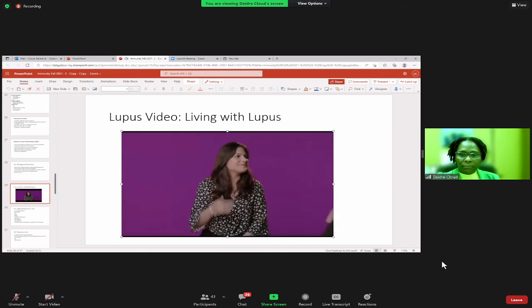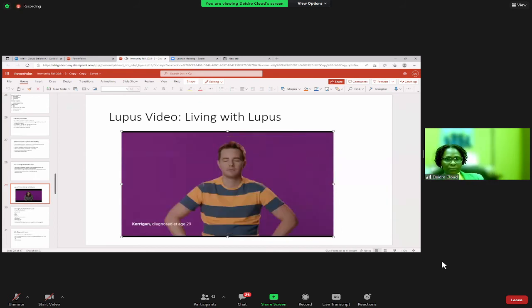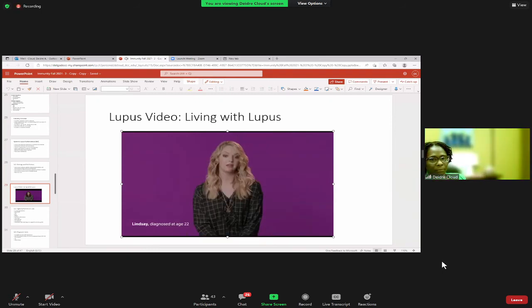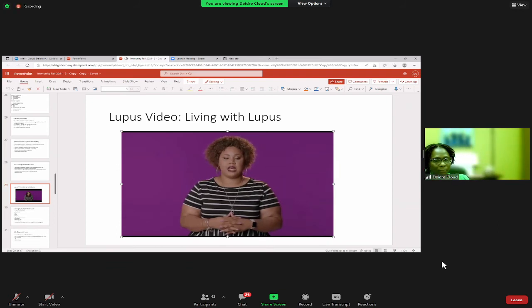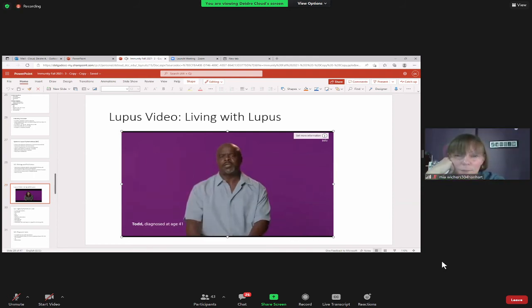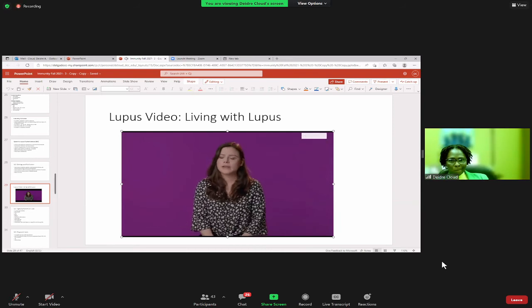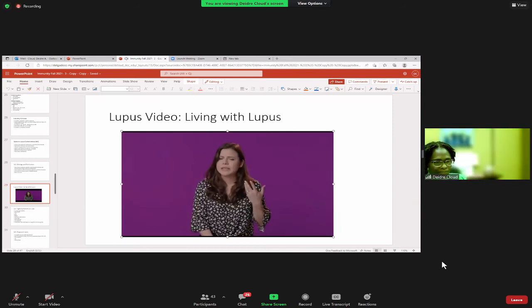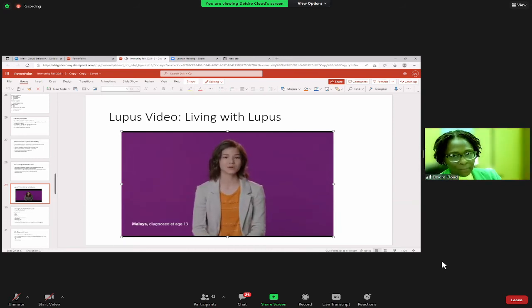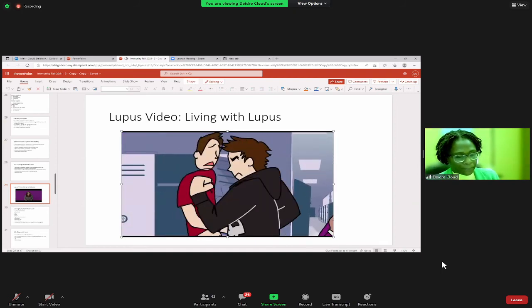Lupus is hard to describe. How would I describe lupus? An internal war with your own body. You feel like you have been hit by a Mack truck. Lupus feels like someone smacked you in the face. You don't look like you have lupus. People don't realize that it's painful, physically and mentally. Lupus is like the bully at school that you always try to avoid, but it always finds you, beats you up, and takes something away.